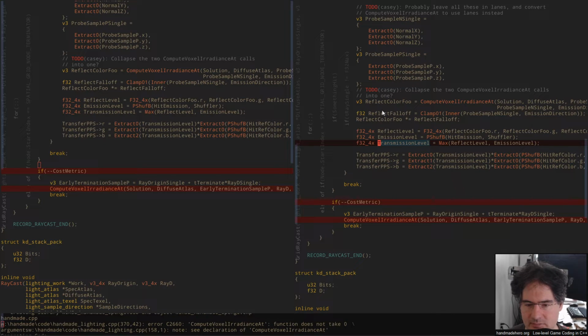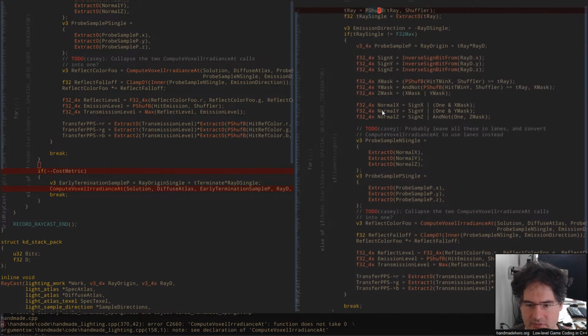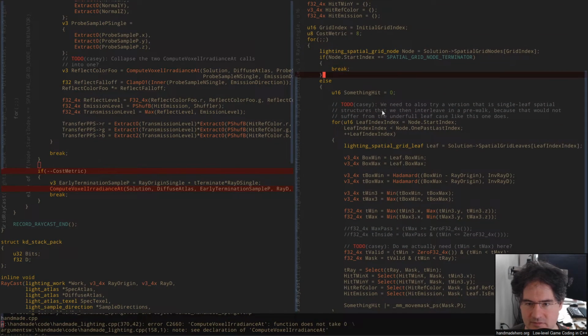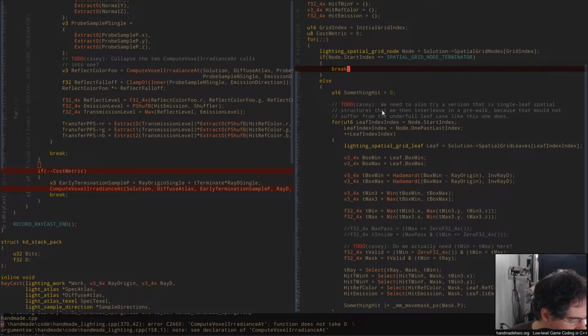Because basically all of the ways that we break out of the loop are going to do this, the only one that isn't is this one. But this one actually still sort of is, because at that point we could use effectively a skybox or whatever as the thing we were sampling.